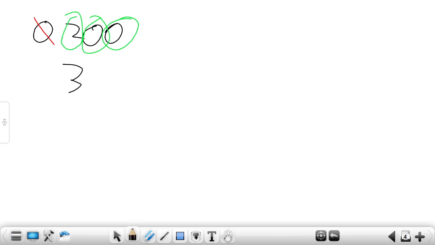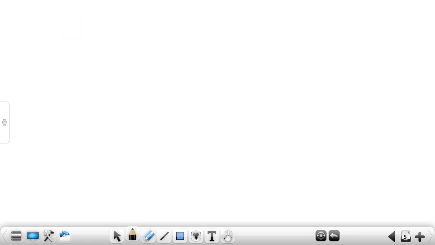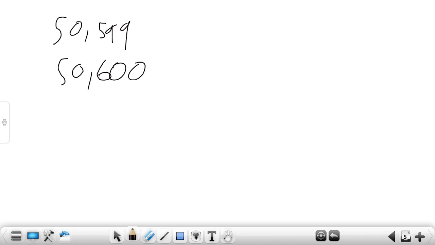So we can play around with this rounding with significant figures a little bit. We'll cover scientific notation more in depth later on. We'll understand how to work with it mathematically and such, but let's say we have 50,599, and we wanted to round this to 4 significant figures. We could round that to 50,600, and that would be 3 significant figures.